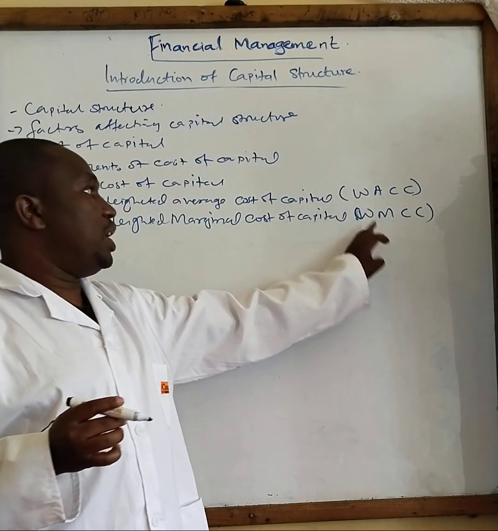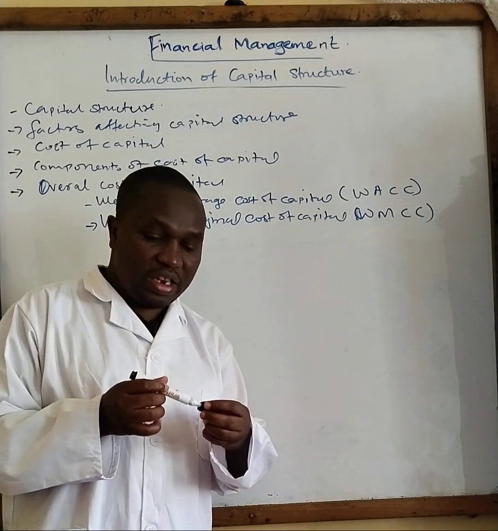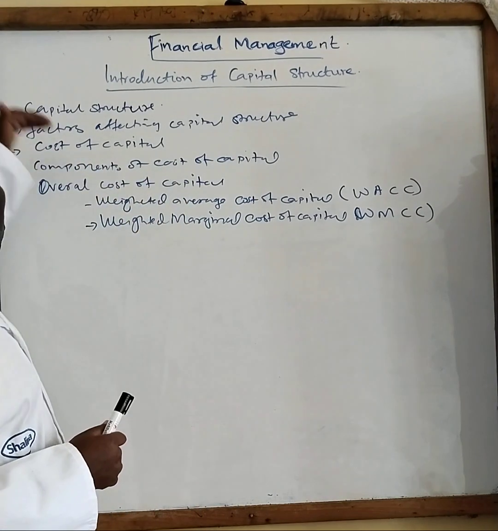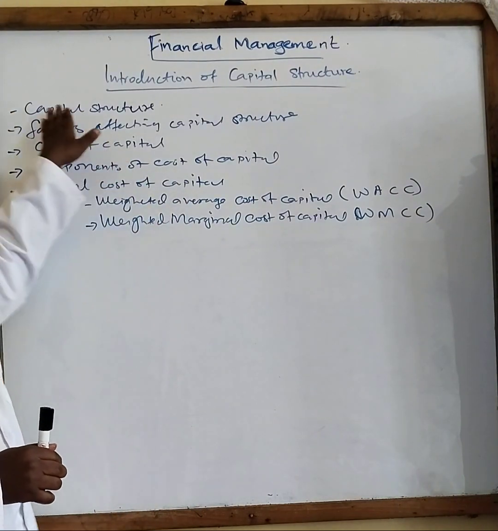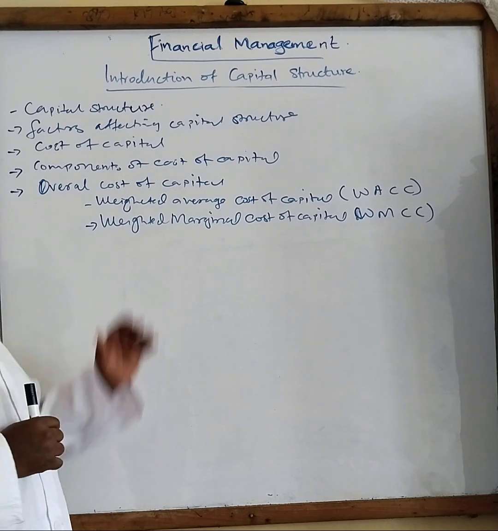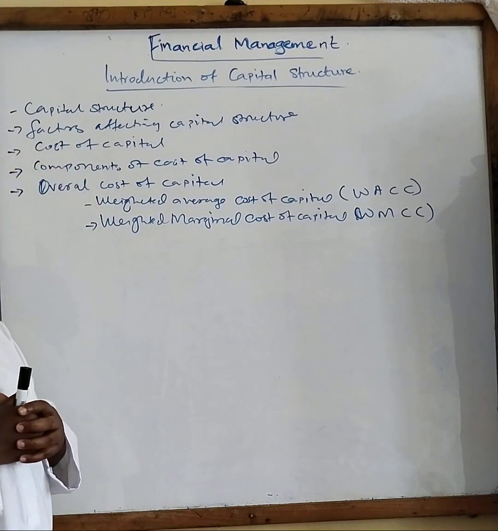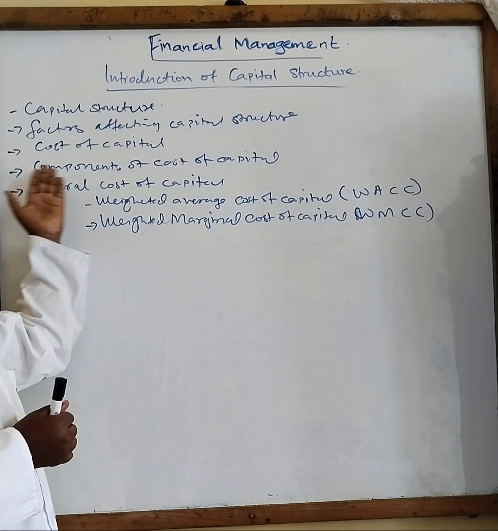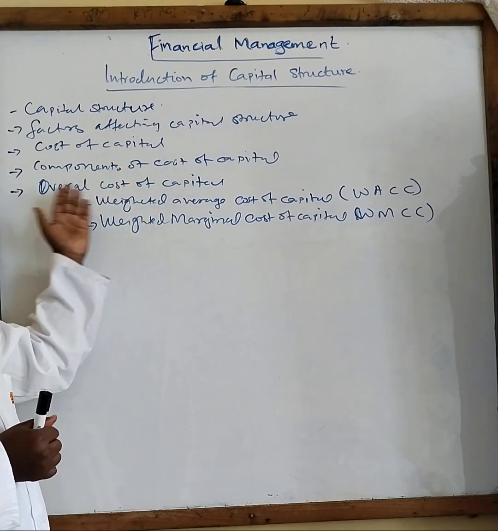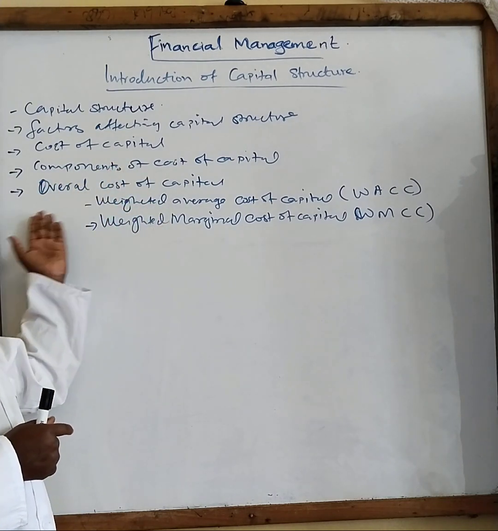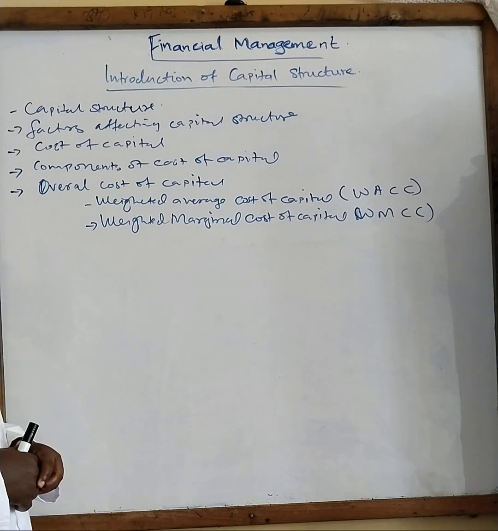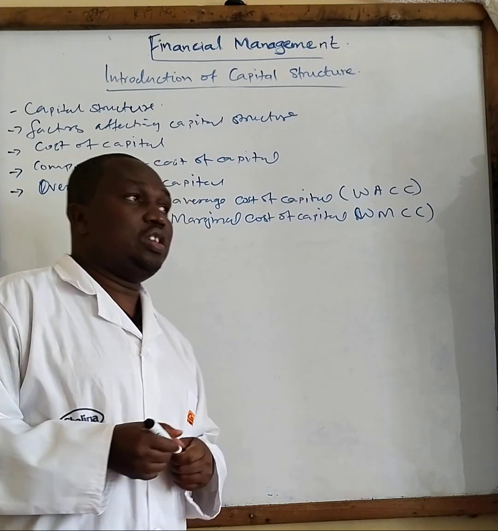So by the end of this lesson, you will be able to define the meaning of capital structure. Two, the factors affecting capital structure. Three, the cost of capital. Four, the components of cost of capital. Then the last part is overall cost of capital.